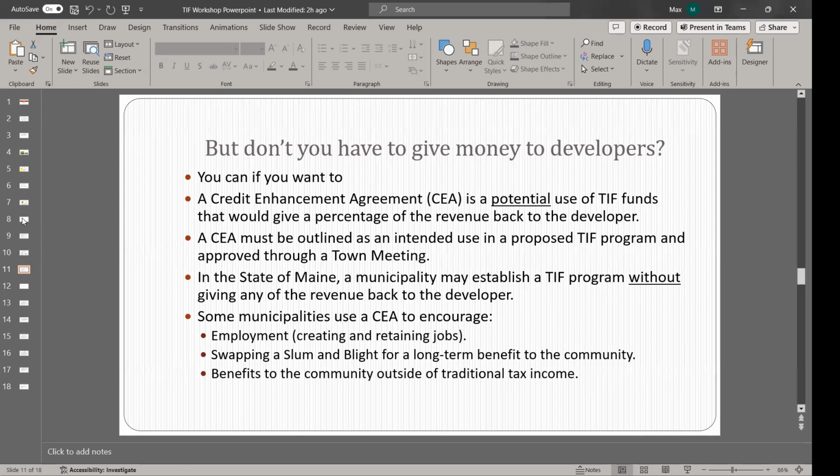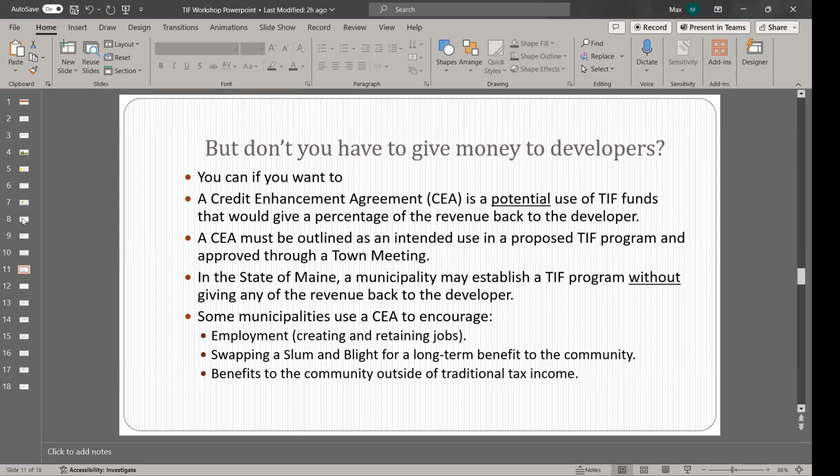Just because a developer comes to you and says, oh, if you do this, you'll still get 50% of the revenue, well, that's just a regular TIF. And as we established, you can keep 100% if you want. So what could you get beyond that? Some towns end up getting stipends for the residents. Some will get reduced electric rates, depending on the developer.